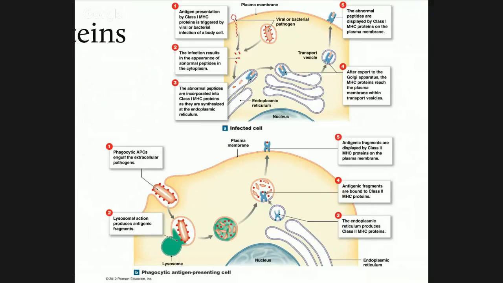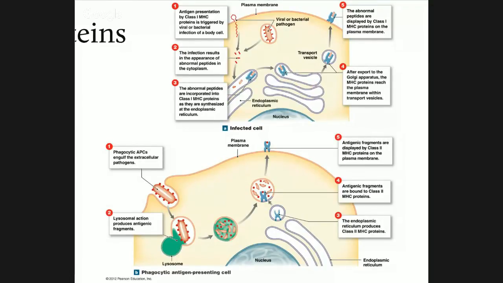Here, they show an infected cell. It could be a viral infection or a cellular pathogen like a bacterium that's gotten inside the cell. What they don't show, you could also think of cancerous cells or other diseased or damaged cells doing this. Whatever it is, antigens that this cell is producing in terms of its being infected or damaged or diseased will then be presented on its surface, which will not be self-antigens, and therefore evidence that this body cell is diseased or infected.